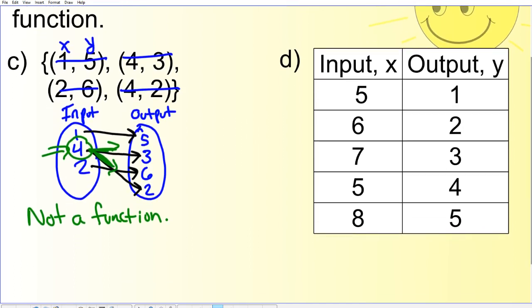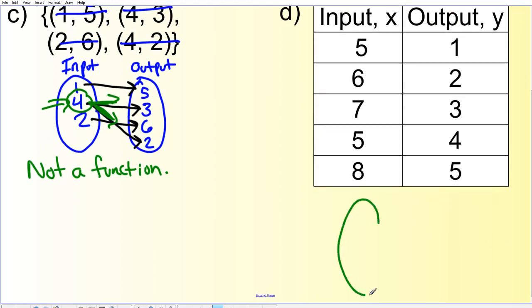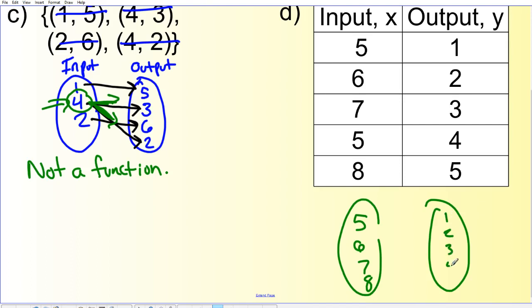Okay? Letter D. Same deal. Make myself a mapping diagram. Looks like I'm going to use the numbers 5, 6, 7, 8, and 1 through 5. 1, 2, 3, 4, 5.